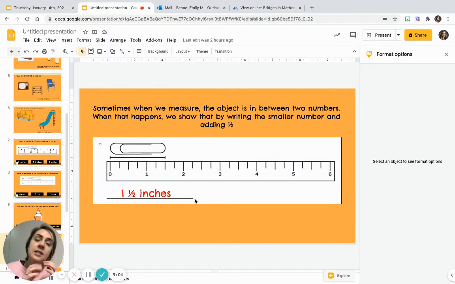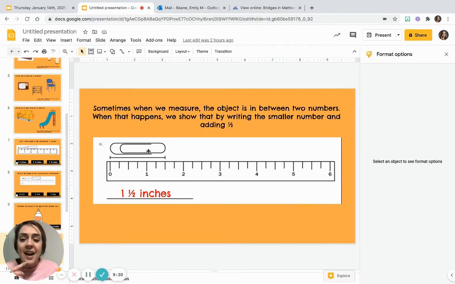All right, sometimes when we measure, and the in-person students have been realizing this, the object that you're measuring is between 2 numbers. So here we have a paper clip, and here's a ruler that's in inches. I notice that this paper clip doesn't stop at 1 inch, but it doesn't go all the way to 2 inches either.